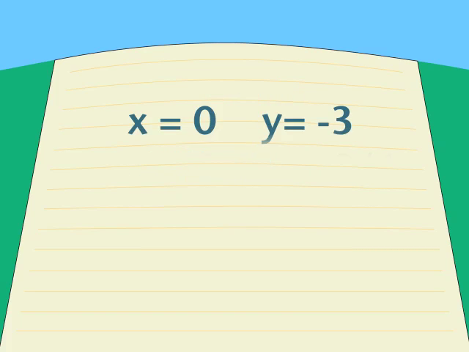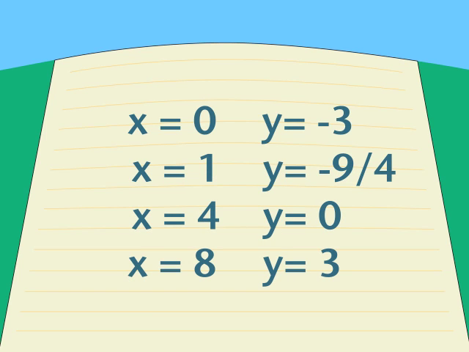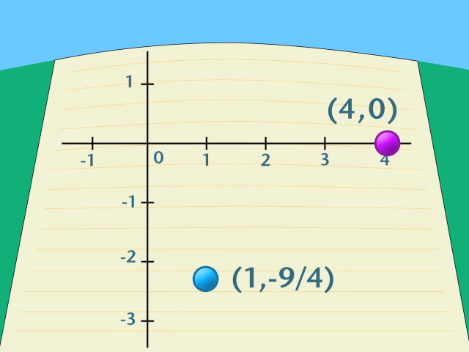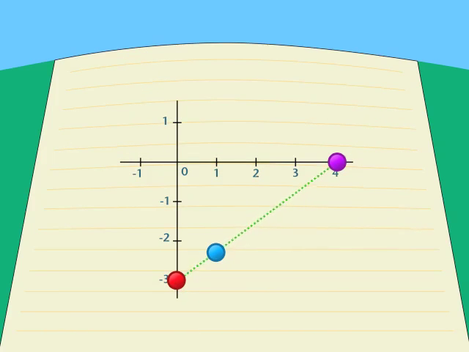Here are some points that worked. Are they on the line that you graphed? No matter what points were chosen, we should both end up with a line looking like this. And remember, this line just keeps going forever.